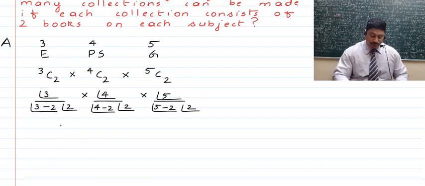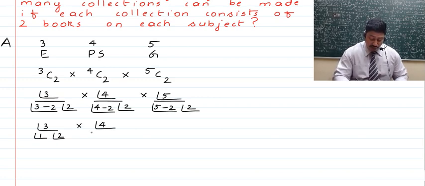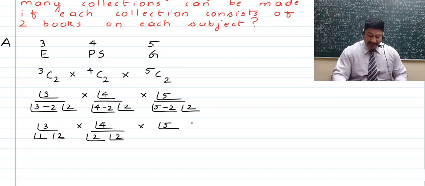Now next we can further solve this as factorial 3 divided by factorial 1 and factorial 2, then factorial 4 divided by factorial 2 into factorial 2, and further multiplied by factorial 5 divided by factorial 3 into factorial 2.